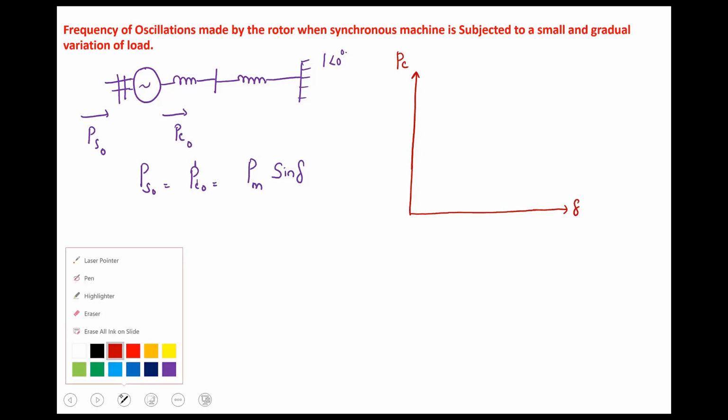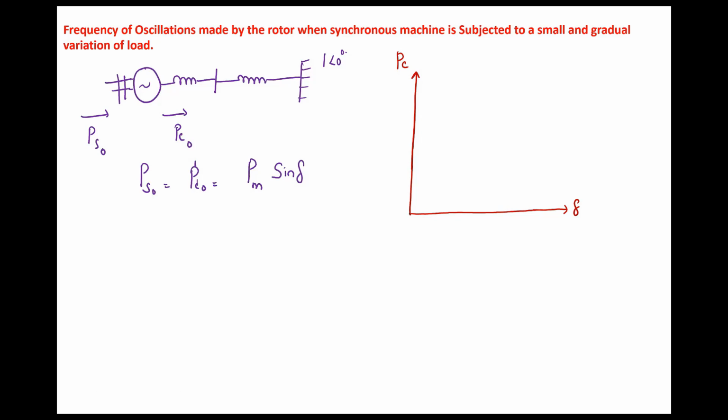So initially let us assume this is a point where it is operating. Mechanical input PS naught is equal to electrical output PE naught, and the corresponding delta value is delta naught.